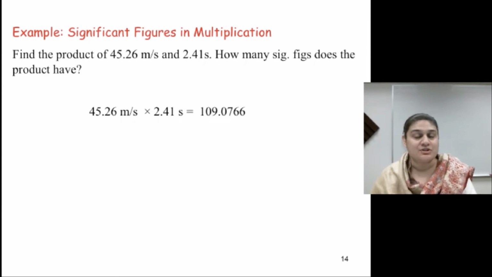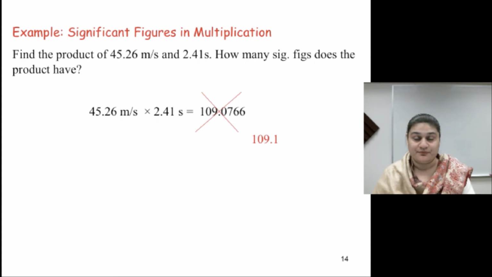So is this the answer that you should be quoting? No. The answer that you should be quoting is 109.1. Okay, and in terms of significant figures, it will become 1.09 times 10 to the 2. And now we'll talk about what units it will have in the next movie.